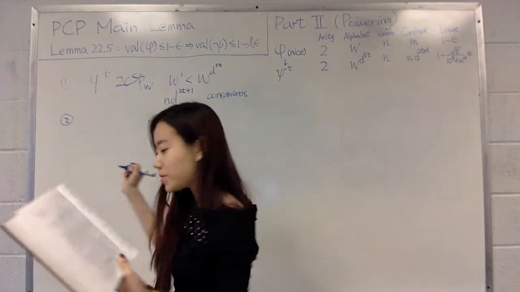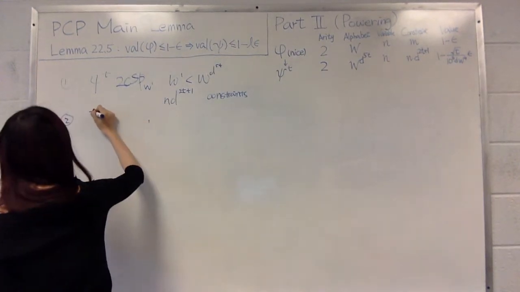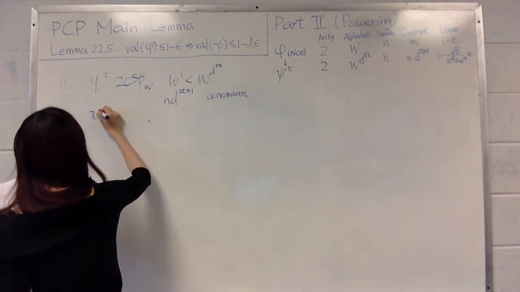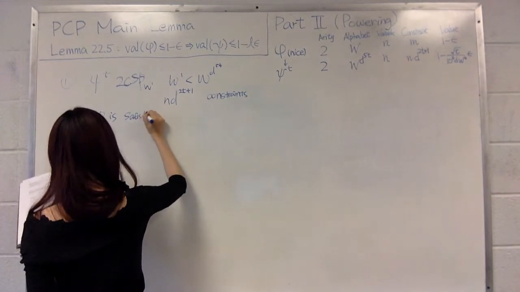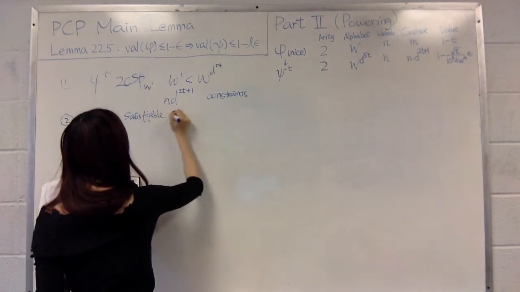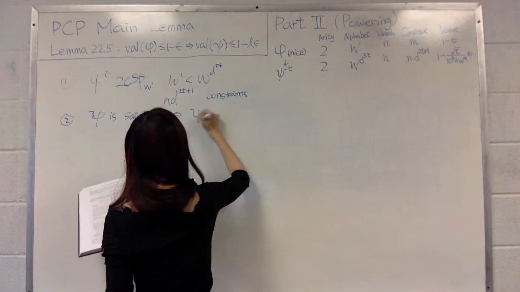The second property is that if phi is satisfiable, then so is psi t.